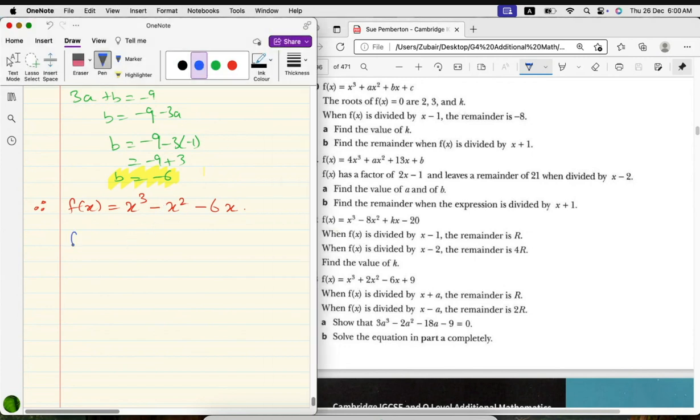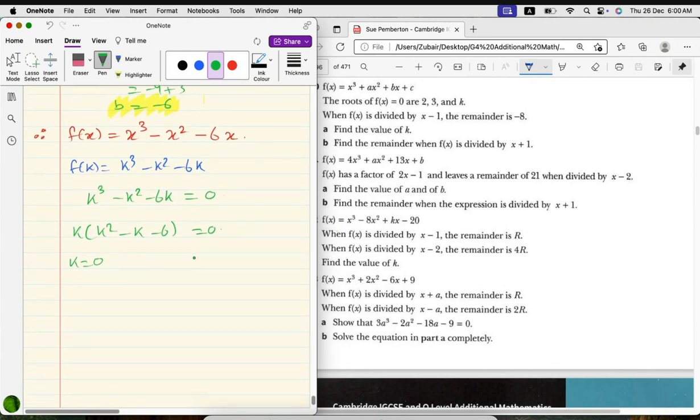So we could just substitute k: f of k equals k cube minus k square minus 6k, which is equal to 0. k could be taken out common and written as k square minus k minus 6 equal to 0. k is equal to 0, which is definitely the first one when x is 0. So 0, 2, and 3, other than that, whatever we get.